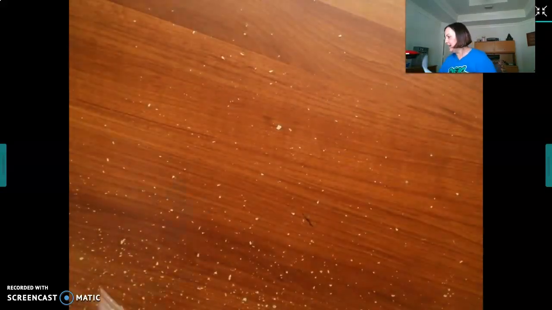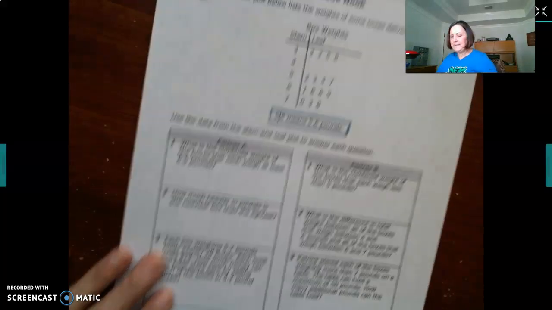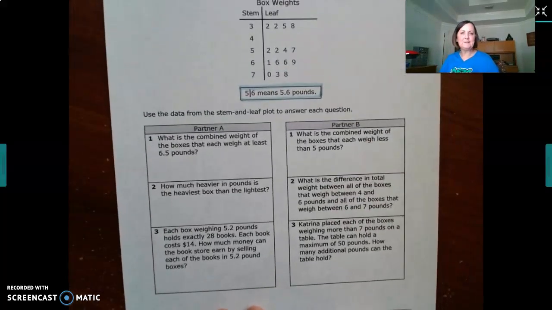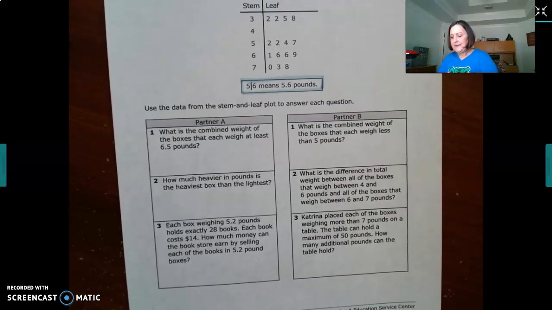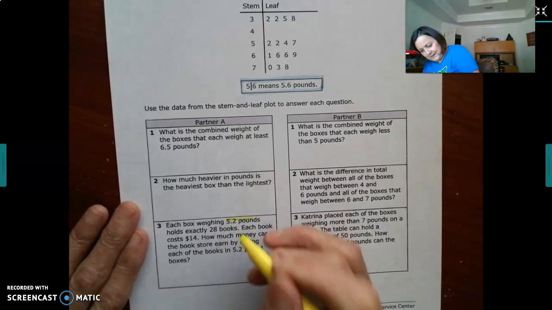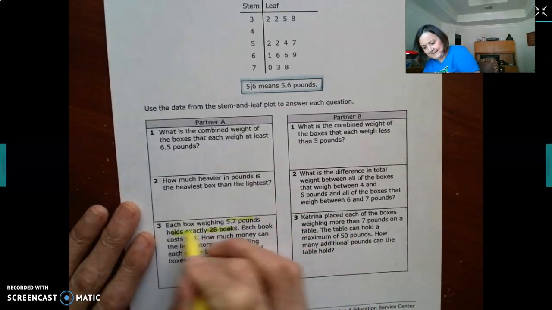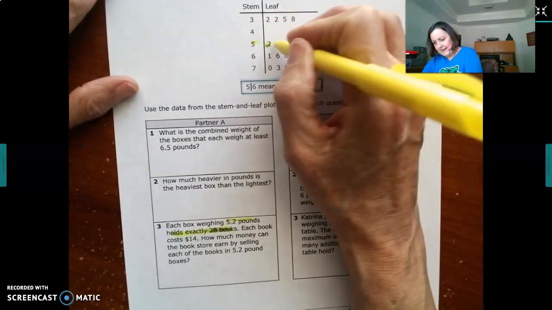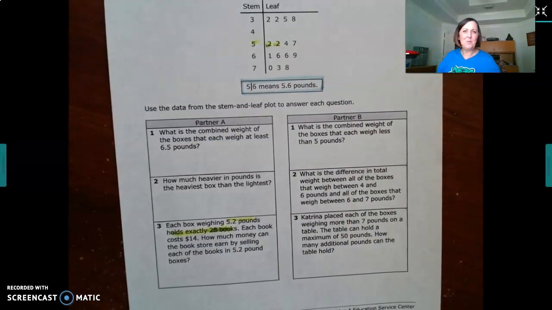All right, last question, number 3. Let's read it and then get your paper pencil and see if you can solve it. Each box weighing 5 2/10 pounds holds exactly 28 books. So 5 2/10 pounds, every one of those boxes holds exactly 28 books. So I know that I have 2 boxes that weigh at least 5 2/10 pounds.